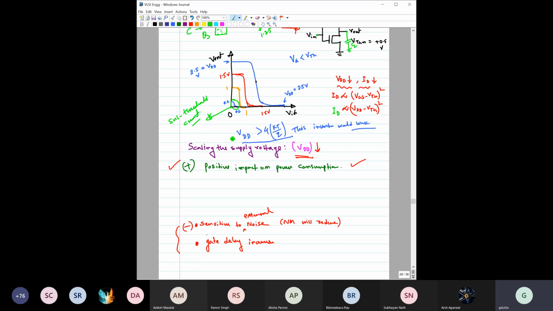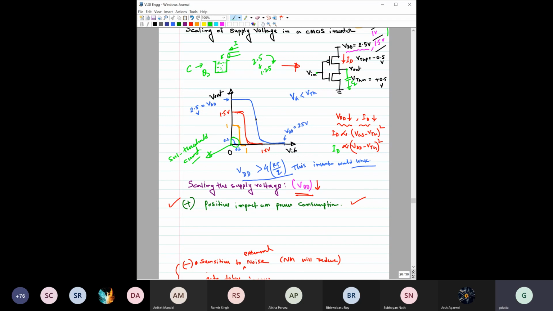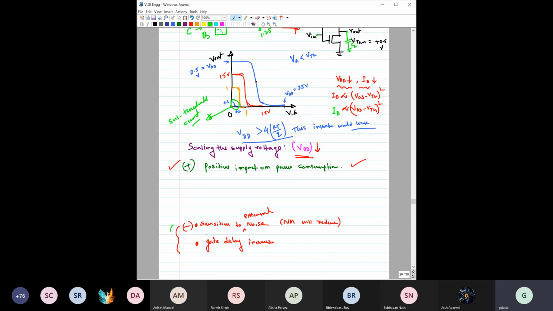But I'm saying this inverter would still show the VTC. It does not mean that delay, clock frequency, everything will be aligned accordingly. If somebody asks whether this inverter will work, the answer is yes, it will work, but you have some negative issues as well. These are the negative issues.